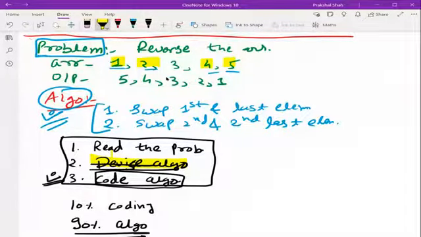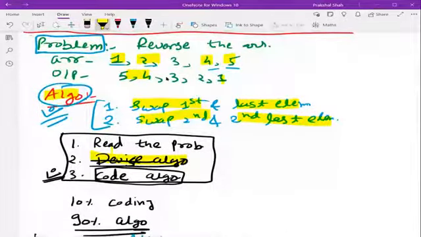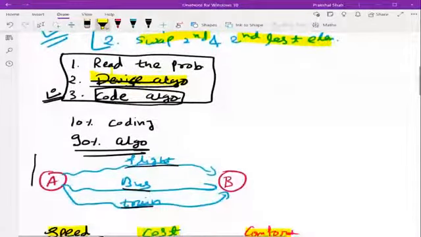If you do that, you will achieve the reversal. So my algorithm would be: first swap the first and the last element, then swap the second and the second last element, and so on. This will be my algorithm, right? Yes or no?